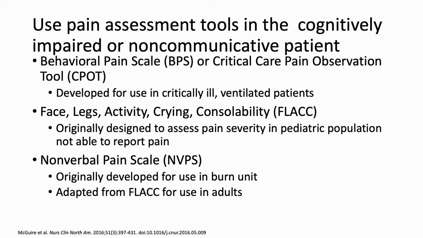The FLACC scale was really designed for the pediatric population not able to report pain, but it has been studied in nonverbal adults. I worry when it's used in adults that are cognitively impaired but may not be nonverbal, or using it when people are sleeping. There is the nonverbal pain scale that was originally used in the burn unit. It was adapted from that FLACC scale for use in adults.